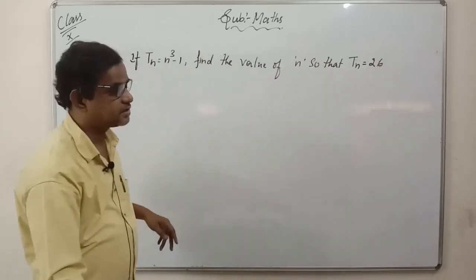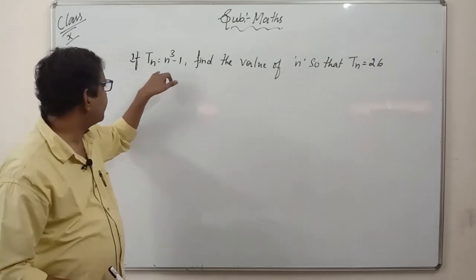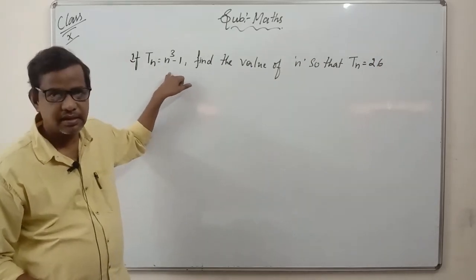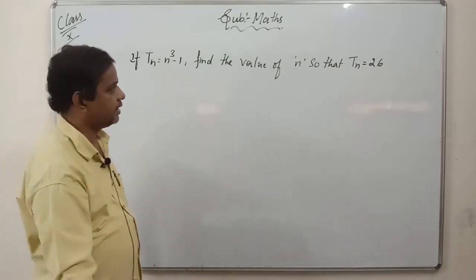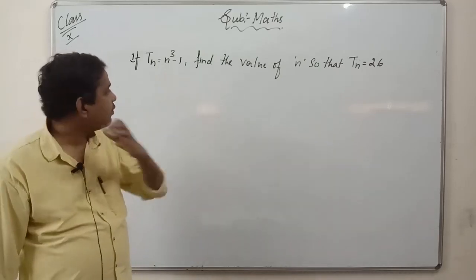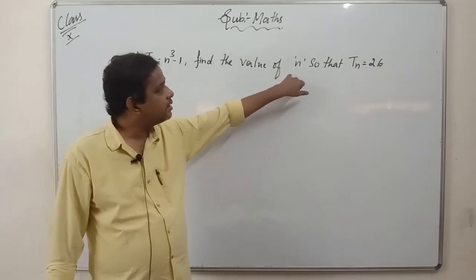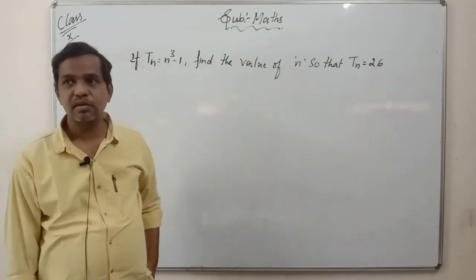See the question. What is given here? If Tn equals n cube minus 1, then find the value of n. What do you have to find? What is the value of n so that Tn equals 26.